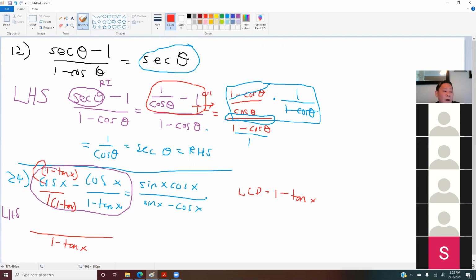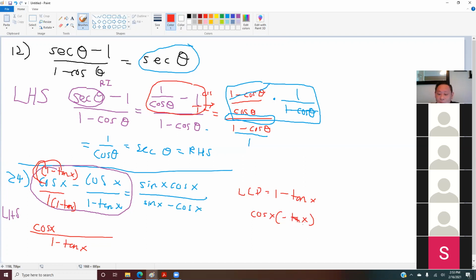Cosine x times 1, you get cosine x. Cosine x times negative tangent x. Can someone tell me what happens when you take cosine x times negative tangent x? Tangent is what over what using quotient?